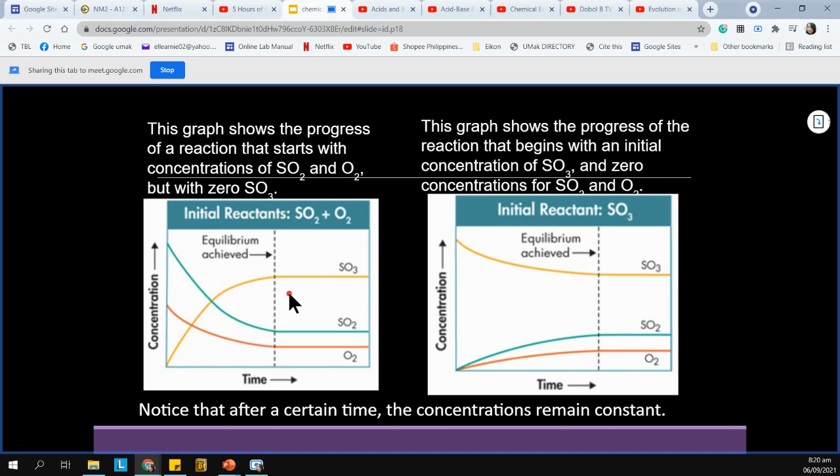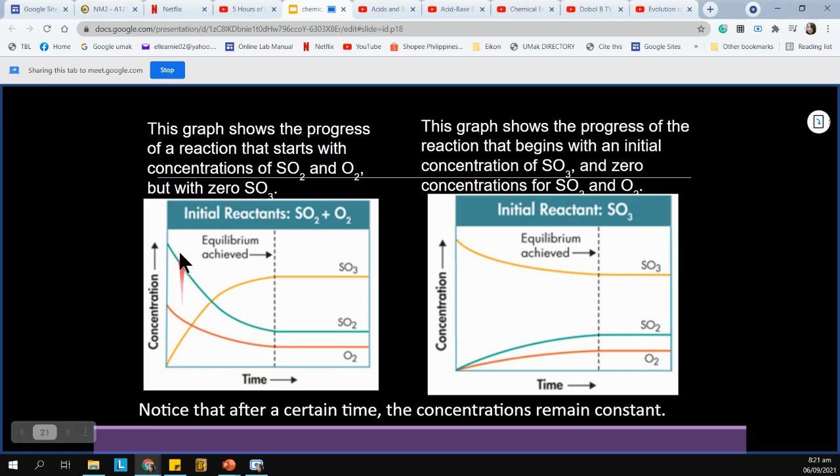So, what will happen here is that when it is undergoing a chemical reaction, when it hits on a particular space, you will have a decrease in the concentration of the reactants. And by decreasing the concentration, it means that they are forming the sulfur trioxide.